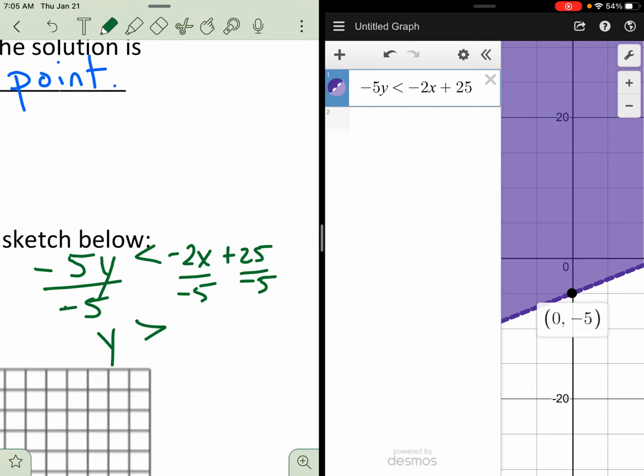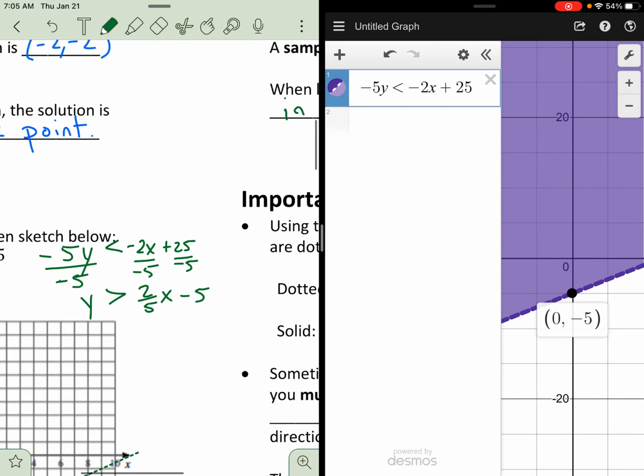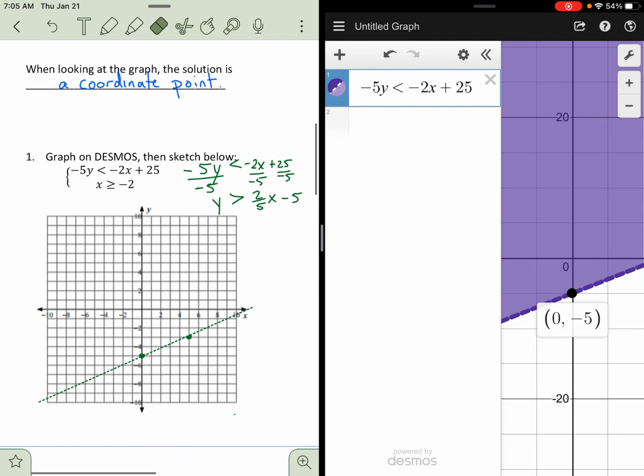When you divide by a negative, as you recall, we talked about this, it flips the sign. So that would have changed it to a greater than, which is why on Desmos to the right, it's shaded above. Okay, that's why. Because there was a negative out in front of y, so when you divide by a negative, it flips the sign.